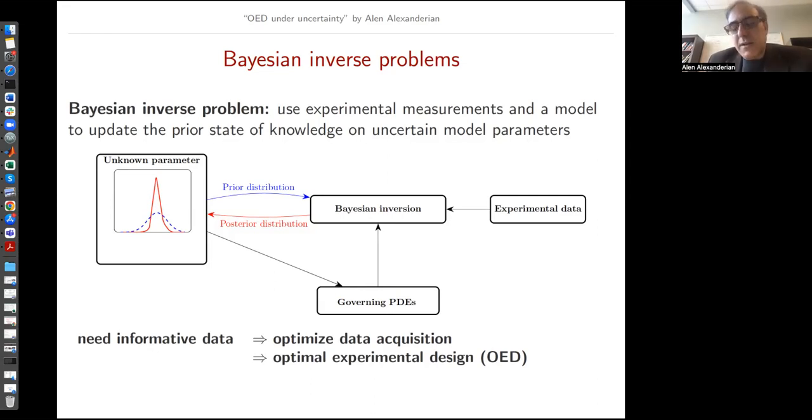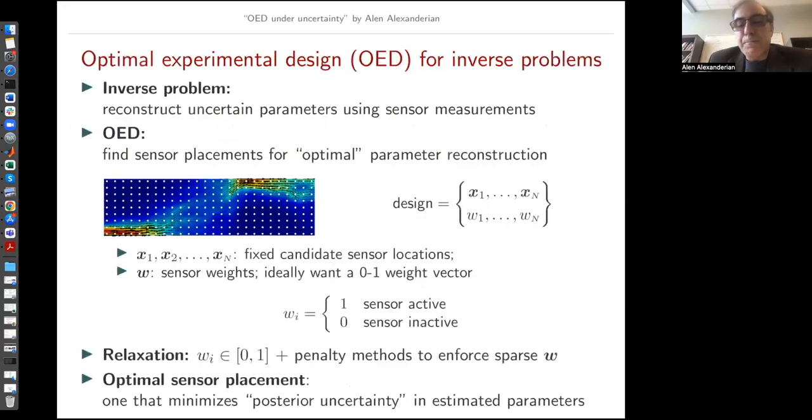In the inverse problems community, and also more broadly in the statistics community, that's known as the optimal experimental design problem, where you want to optimize how you take your measurements, or how you conduct your experiments, to do good parameter estimation. Of course, the word optimal has to be specified. For the word experimental design, we have to specify how we parameterize the design, and we will discuss all of that.